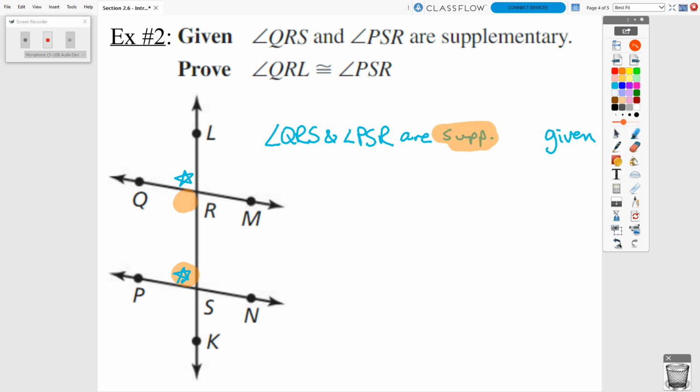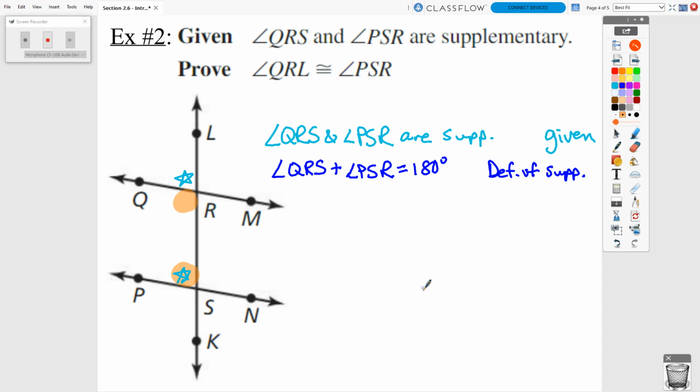Maybe we should define mathematically what supplementary means here. So what does it mean that these angles are supplementary? Well, it means that angle QRS plus angle PSR equal 180 degrees. And how did I know that? We defined mathematically the word supplementary.